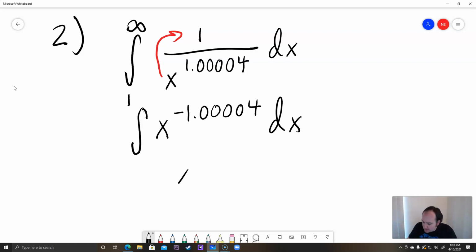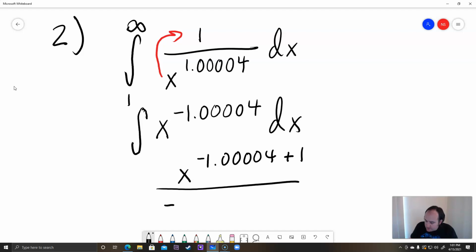So here we're going to be getting x to the negative 1.00004 plus 1 divided by negative 1.00004 plus 1. So all I did there was I added 1 to the exponent and then I divided by that new exponent.